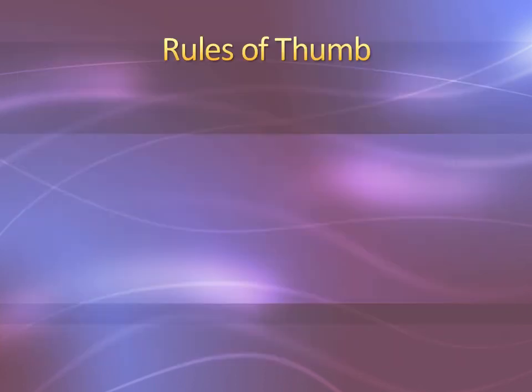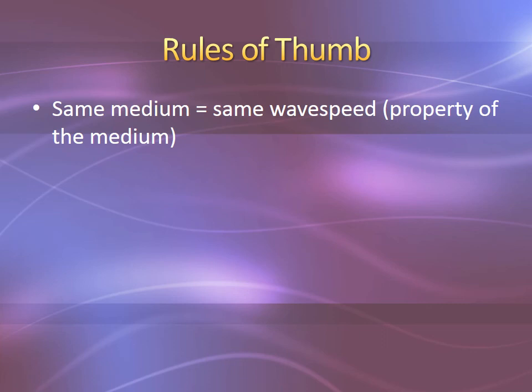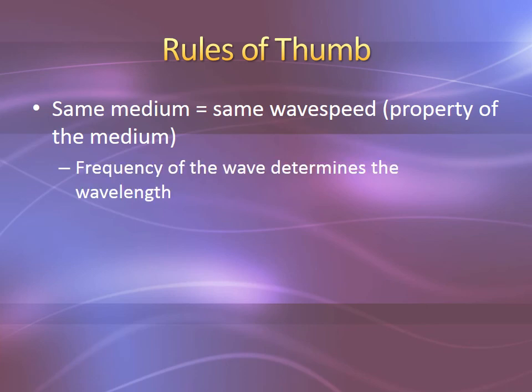A couple of quick rules of thumb to talk about anything that happens at a boundary. If you stay in the same medium, you will keep the same wave speed. The wave speed is a property of the medium, not the wave itself. The frequency of the wave is what is going to determine the wavelength in that specific medium.